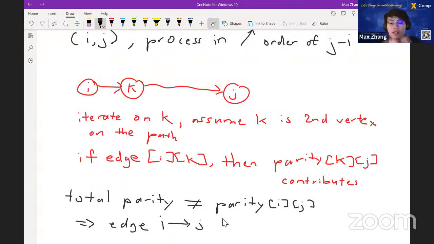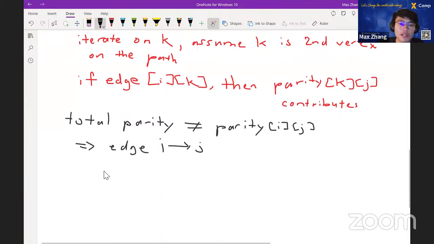So in total, we basically compute this for all the pairs ij in increasing order of j minus i, because by doing it that way, all the internal ranges like i to k and k to j will already be computed, and then we simply check. By doing this, we're able to determine for each pair ij whether there should be an edge between them.